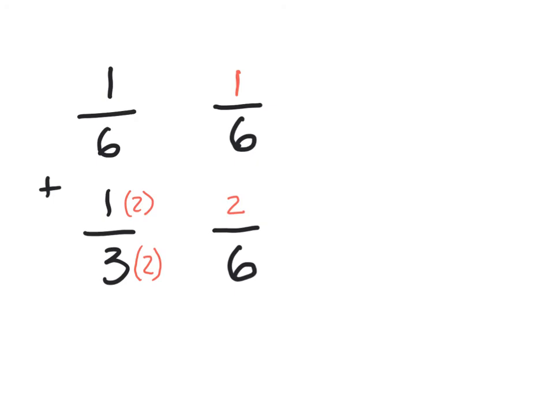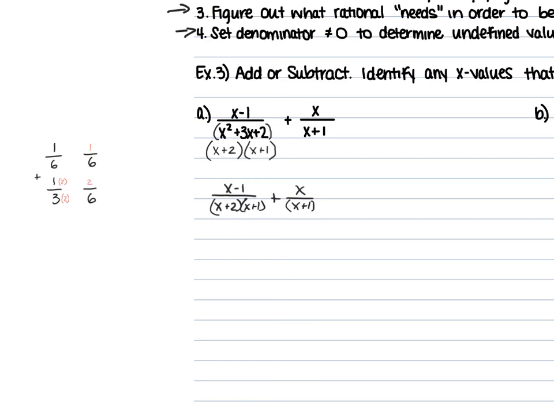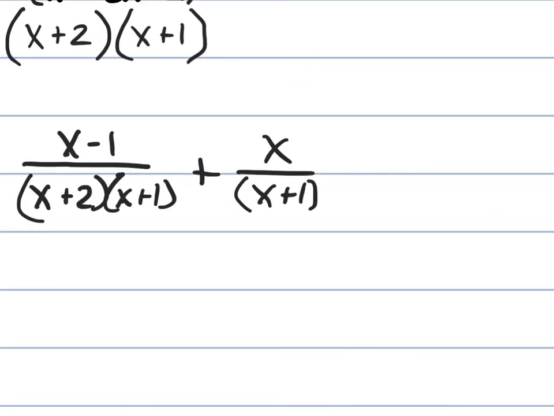But I'm going to do that exact same thing to a polynomial over here. What is this bottom missing over here? So the bottom needs to be multiplied by an x plus 2. But remember, I didn't just multiply the bottom by it. I also had to multiply the top by it as well. Remember when I did 1/6, I multiplied the top and bottom by 2? I have to do the same thing here.